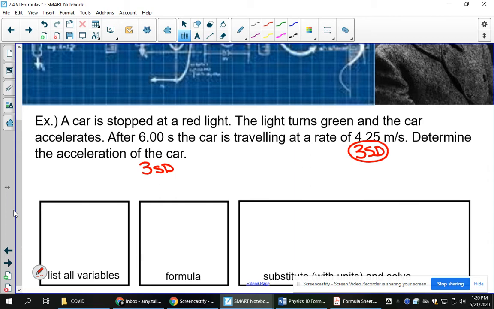Now, there's actually 3 numbers given to you in this question, even though there's only 2 that you can see right off the bat. Reread the question and see if you can figure out the one word that actually tells you another number.